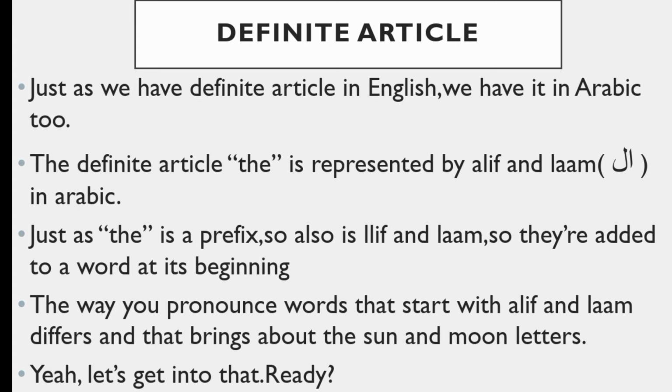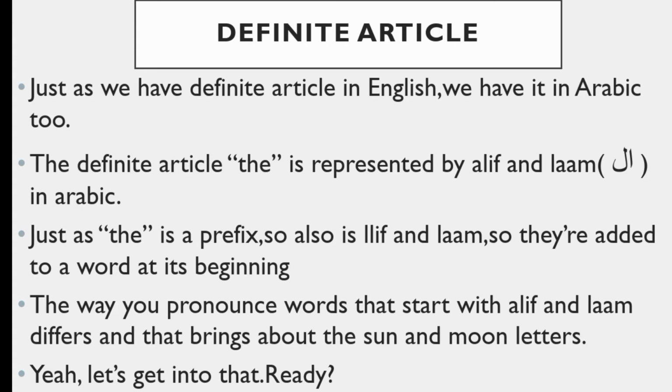Just as "the" is a prefix, so also is alif and lam. So they are added to a word at its beginning. When you want to say "the house," the comes first before house. The same way we have it in Arabic, alif and lam comes first before the word we want to talk about.